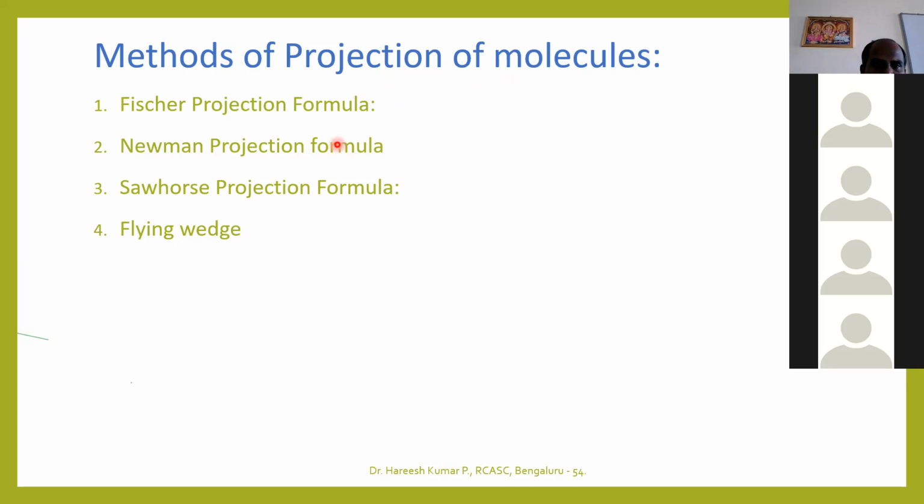One is the Fischer projection formulae. This one is the Newman projection formulae, and then this one will be the Sawhorse projection formulae, and one more is the flying wedge.